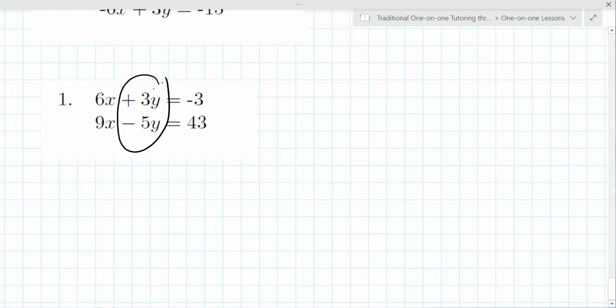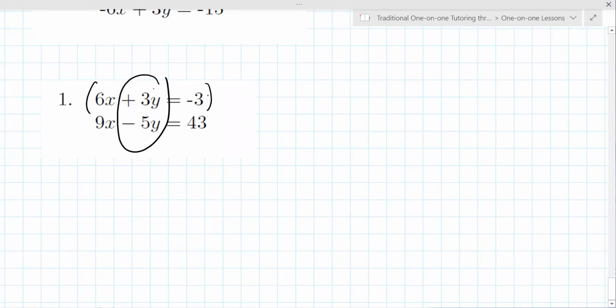Sorry, you didn't hear me there for the last 30 seconds. So you eliminate Y here because it's opposite in sign, but you can't just multiply to get 5 or 5 to get 3. So you end up having to multiply both equations.